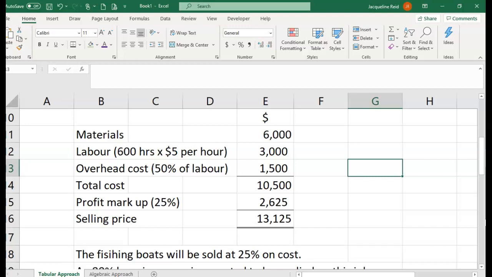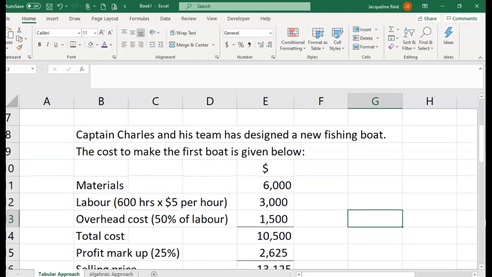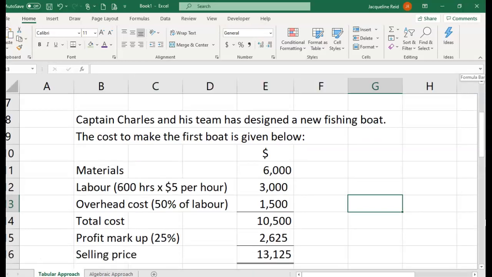Now the thing to note is that the selling price is affected by the labor, and that the labor is affected by the amount of hours, labor hours, time spent in making the boat.